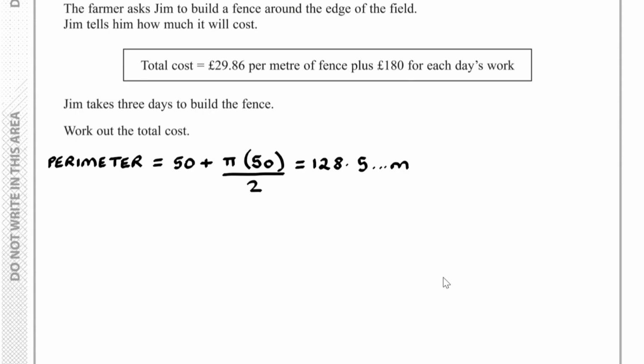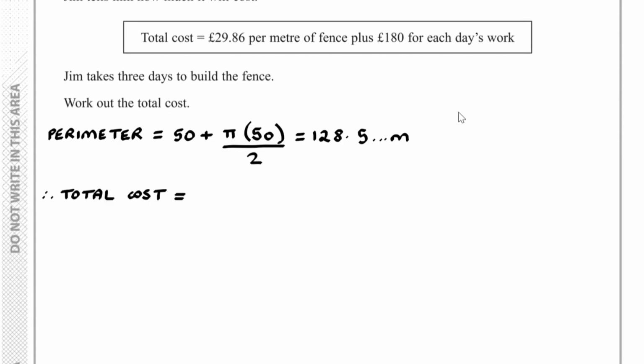So now when we come to work out the total cost, we know per meter it's 29.86 per meter, and then I multiply this by 128.5 etc. and then I add on 3 times 180, because I'm working for 3 days, and it costs £180 per day.